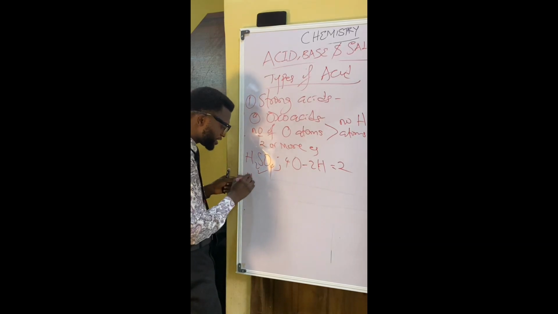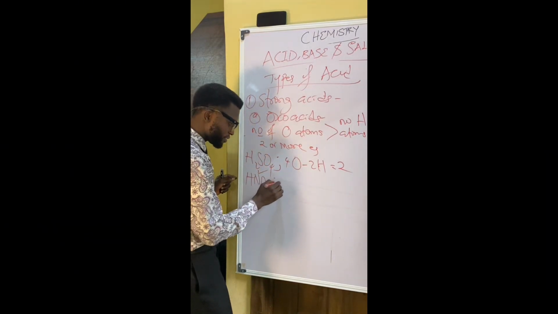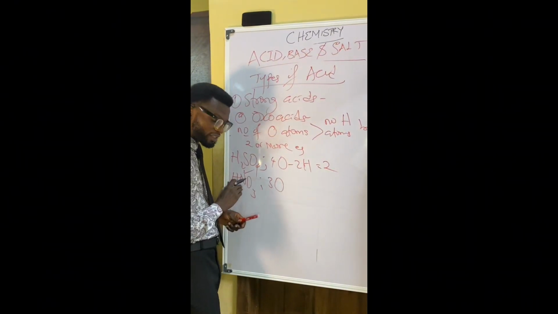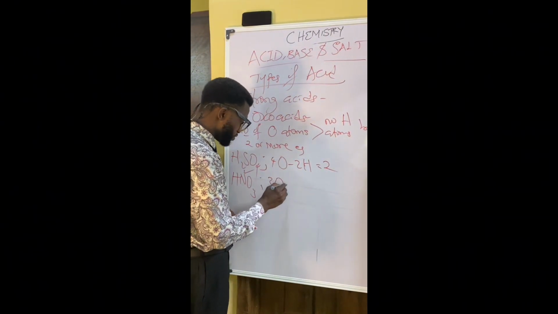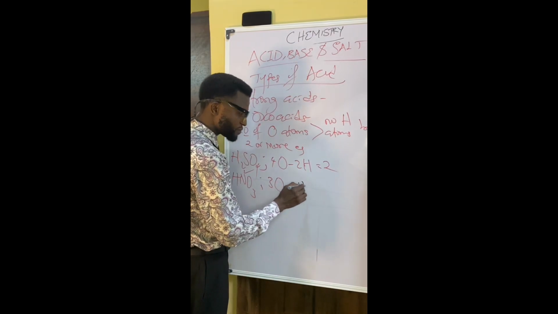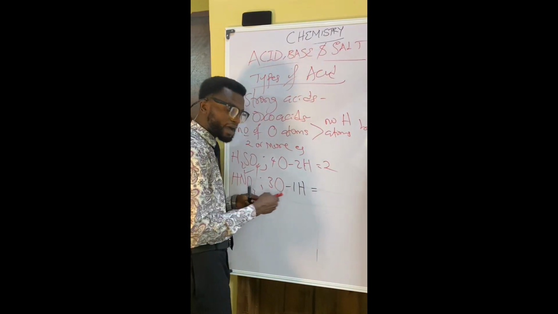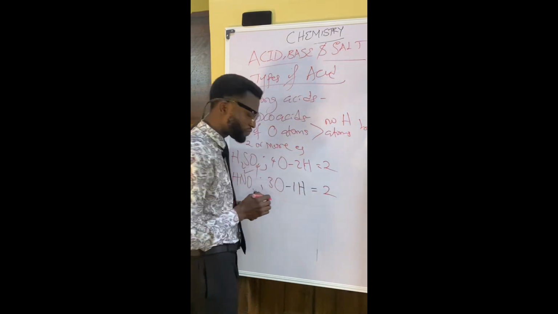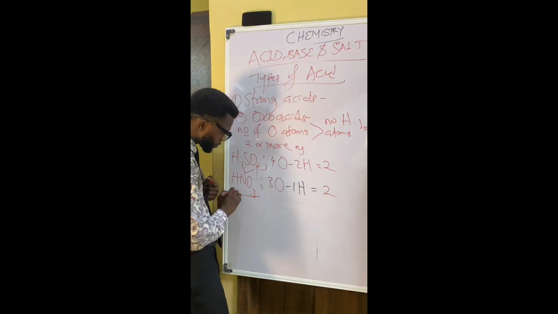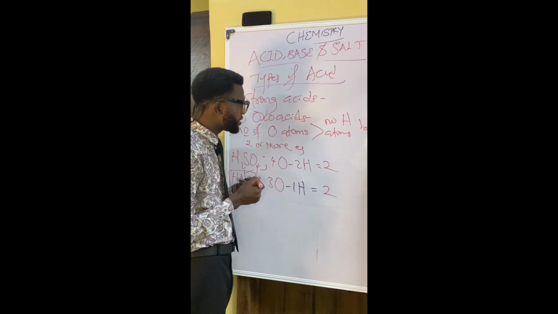Then you talk about HNO3. What do we have here? In tetraoxonitrate(V) acid, we have 3 oxygen atoms and 1 hydrogen atom. When this is subtracted from this, the difference is 2. Therefore, that qualifies it as a strong oxo acid.